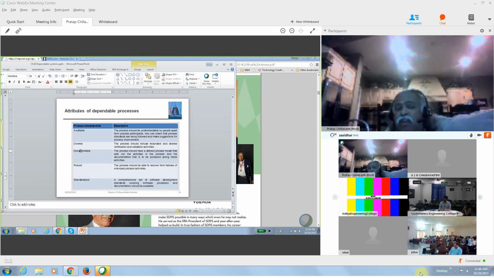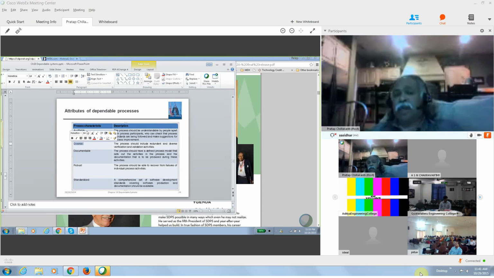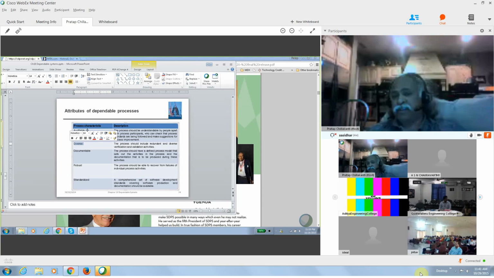You will have documentation which is standardized. We also say process should be diverse, meaning it will give you some ideas about how to diversify your platform, your technology stack. And then it should be auditable. Ultimately, what happens is there are some standard bodies. Remember, you talked about ISO 9000 certification, ISO 9001 certification.